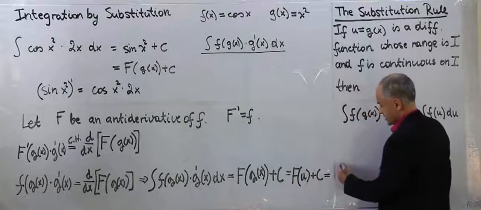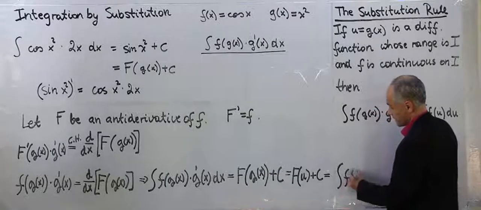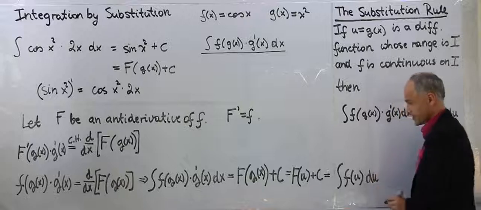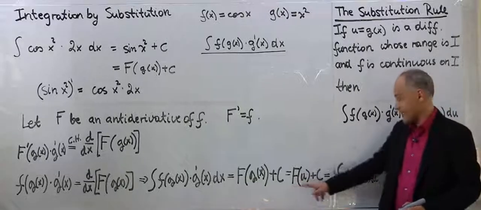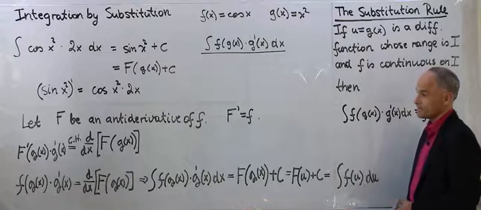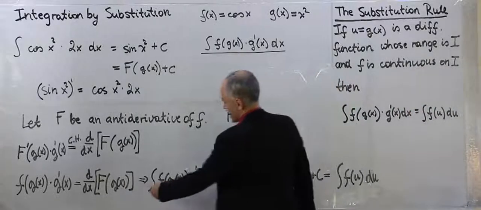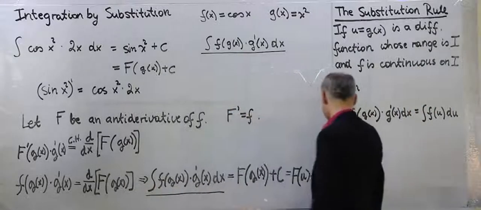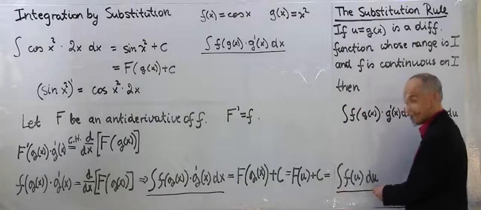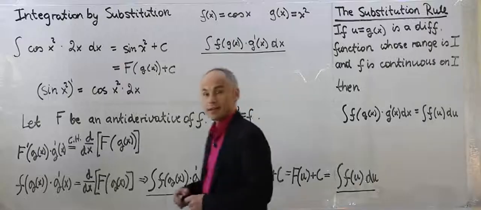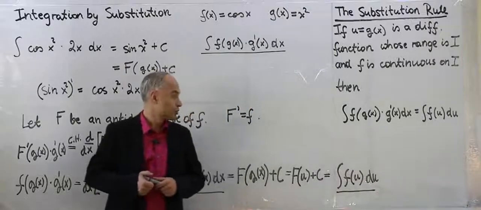So this is just the integral of f of u du. And that's because the derivative of capital F is equal to lowercase f. So notice that the left-hand side is equal to the right-hand side here. And that's precisely the statement of the substitution rule.